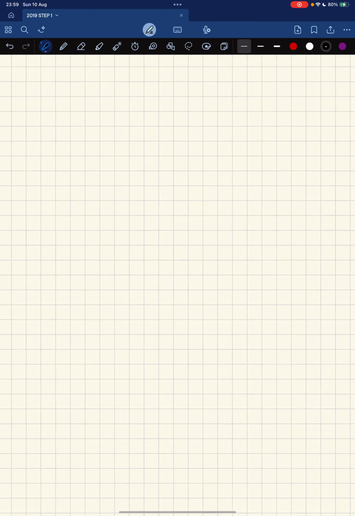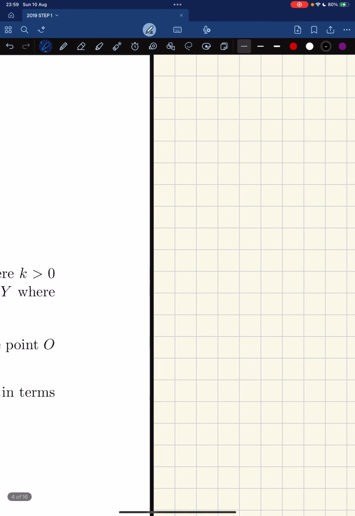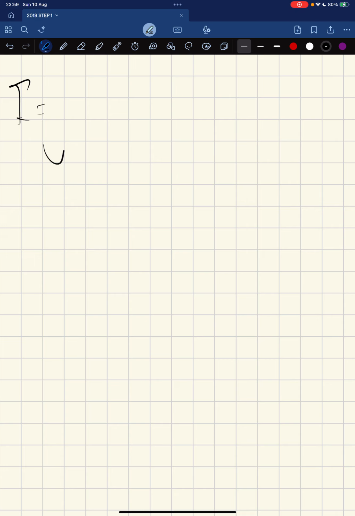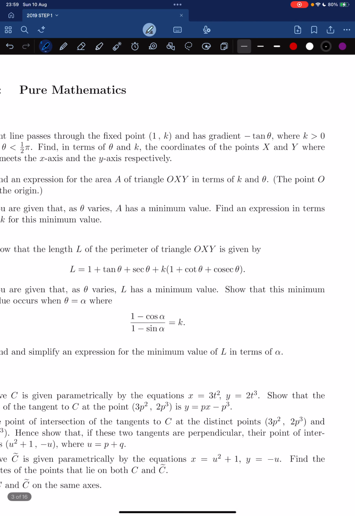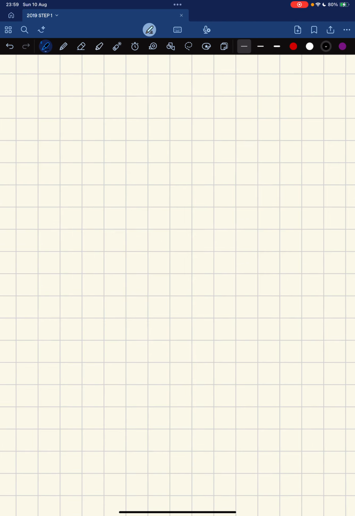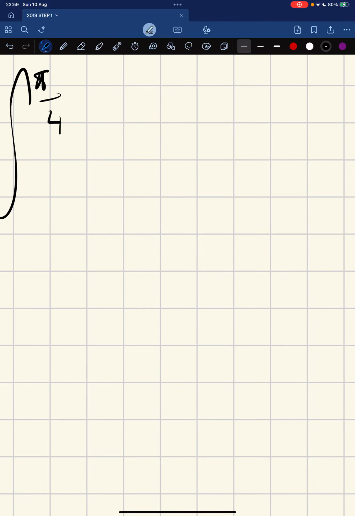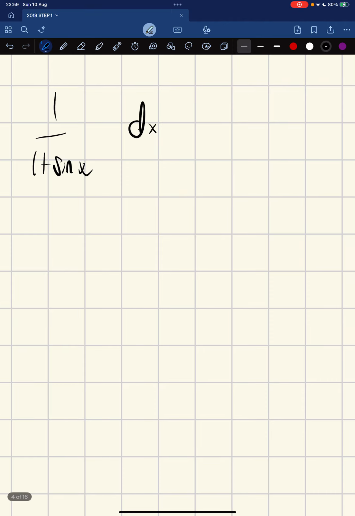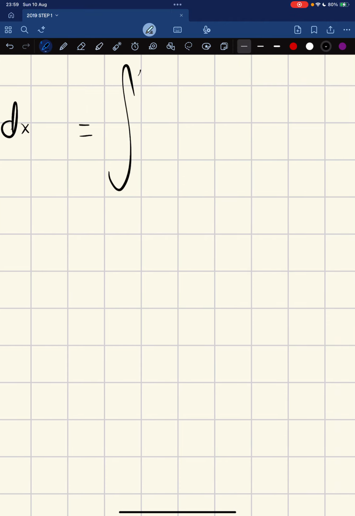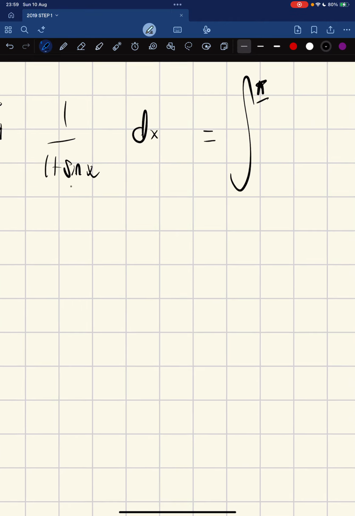We define I to be the integral from 0 to pi over 4 of 1 over 1 plus sine of x dx. Now we're going to apply a technique: multiply numerator and denominator by the conjugate, 1 minus sine of x.